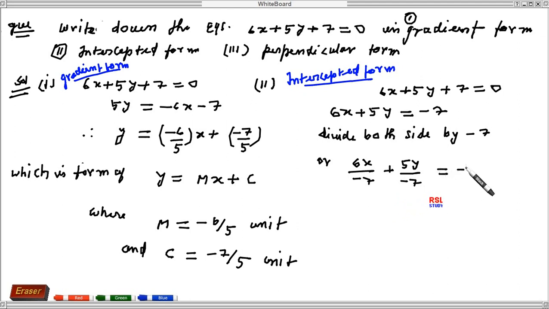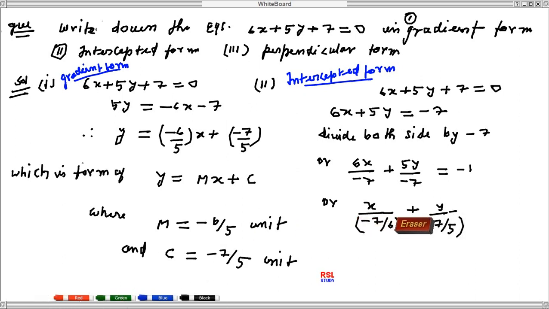If we are dividing by minus 7 on both sides, minus 7 cancels minus 7, so this should be 1, not minus 1.